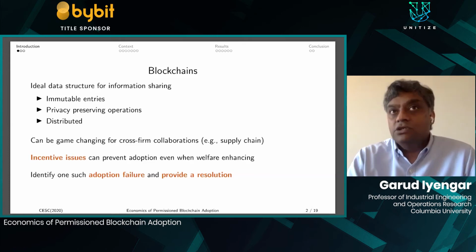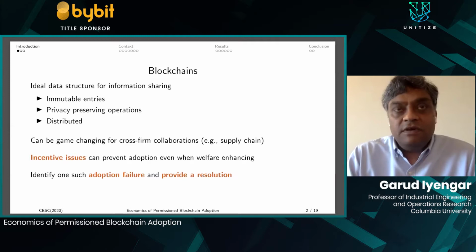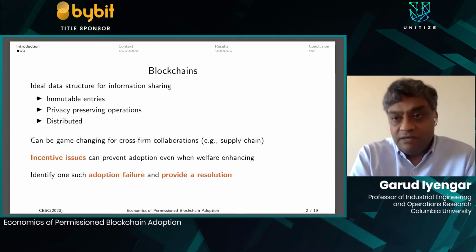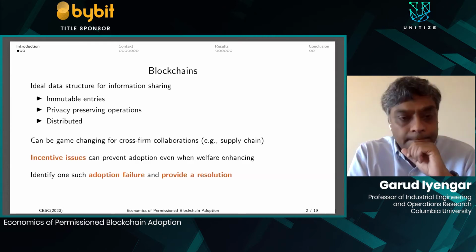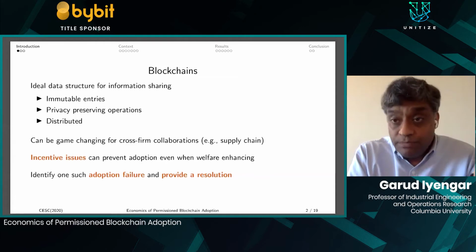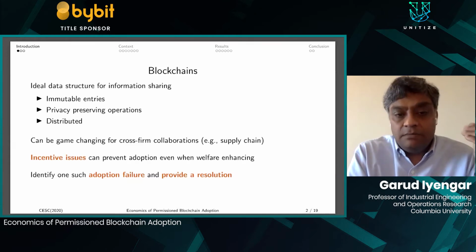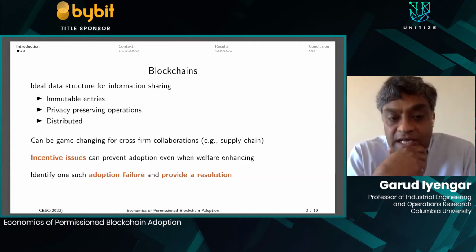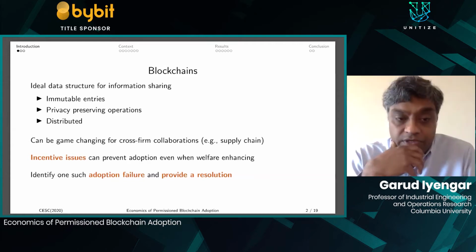This can be very useful in setting up all kinds of reputation metrics, making sure that various participants in the blockchain are only able to see the data that is relevant to them. It's also distributed, which means that from a security perspective, it cannot be attacked and brought down. So for all of these reasons, blockchains can be game-changing for cross-firm collaborations.